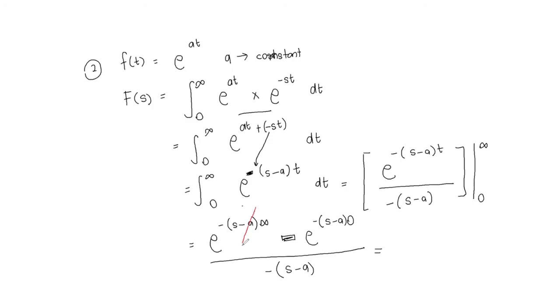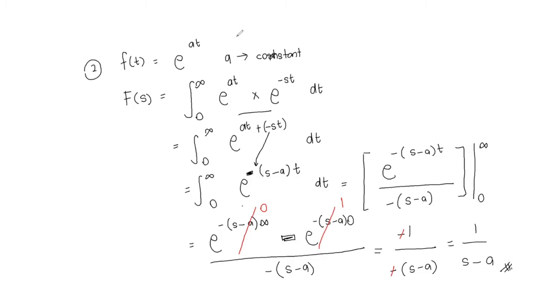Where it is at infinity, it will be 0, and when it is at 0, it will be 1. So the result of this will be negative 1 over negative (s minus a), and we can cancel off the negative of both sides, top and bottom, and your final answer will be 1 over s minus a. So it is as simple as that.